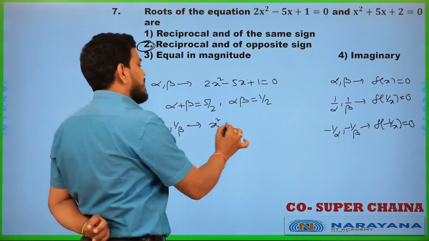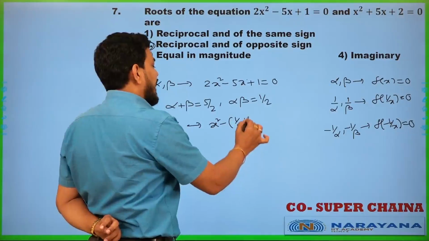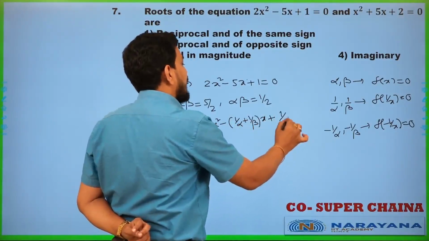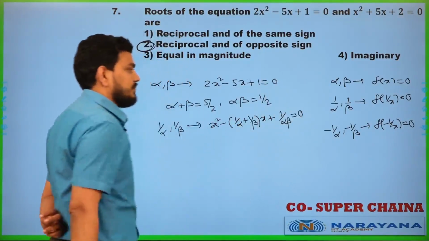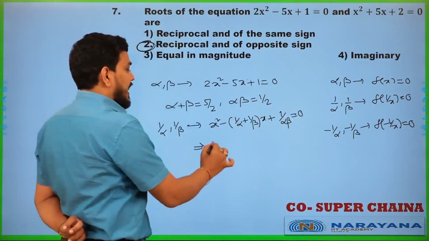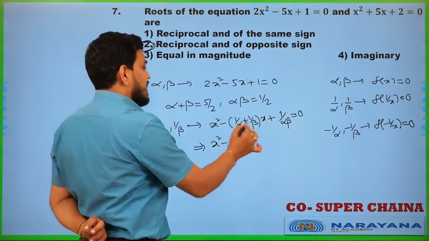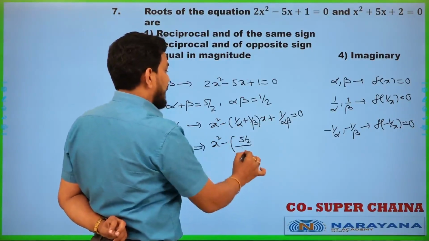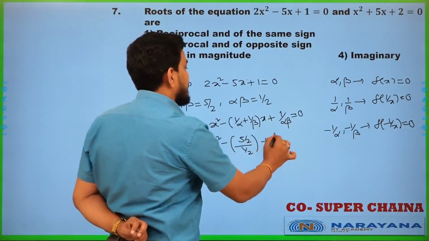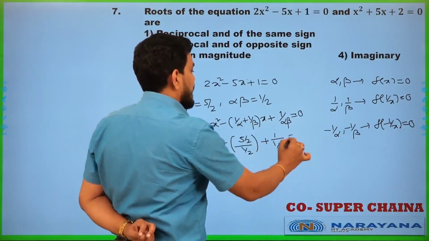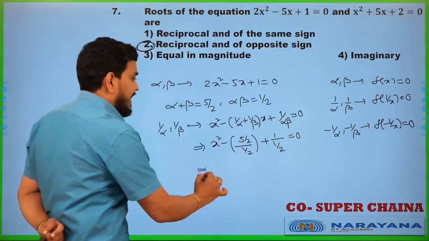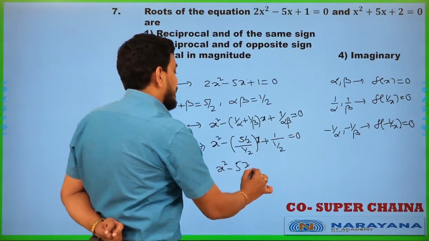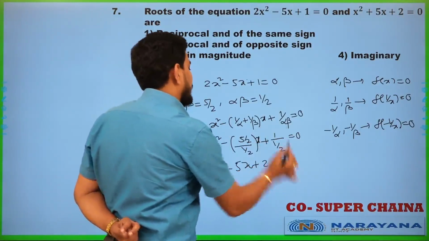You will write x square minus of 1 by alpha plus 1 by beta into x plus 1 by alpha beta is equal to 0. So, from here you will be getting x square minus of alpha plus beta, 5 by 2, by alpha beta, 1 by 2, plus 1 by 1 by 2 is equal to 0. So, you will be getting here x square minus 5x plus 2 is equal to 0.